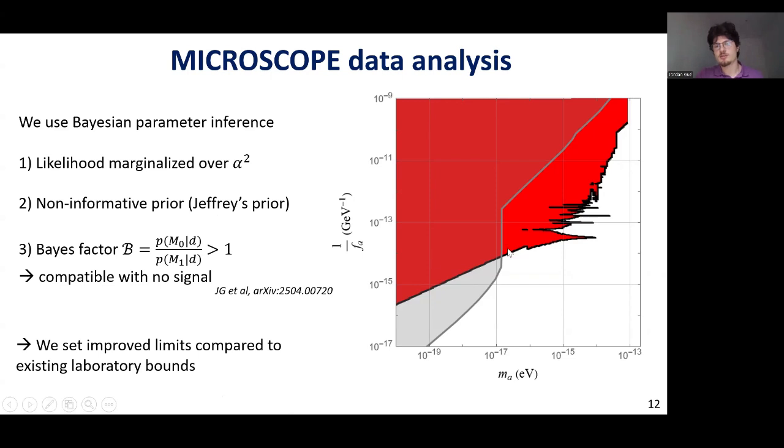This is what is shown on the right panel. In gray background, it's the already constrained regions from other laboratory experiments. And in red is the new constrained region by MICROSCOPE. And so you see that MICROSCOPE is able to improve the current limit by several orders of magnitude in mass and also in coupling. So this is great.